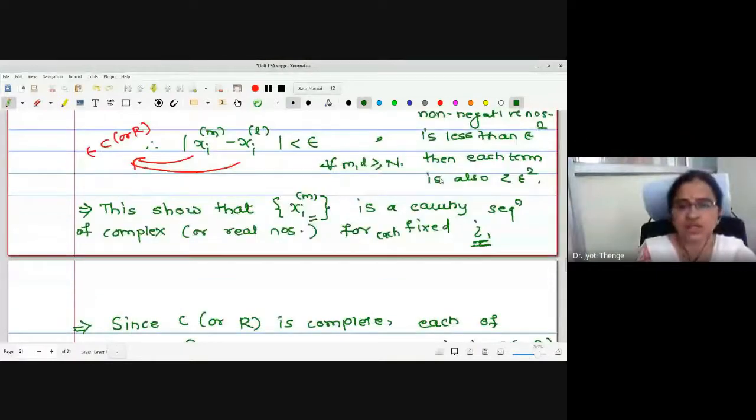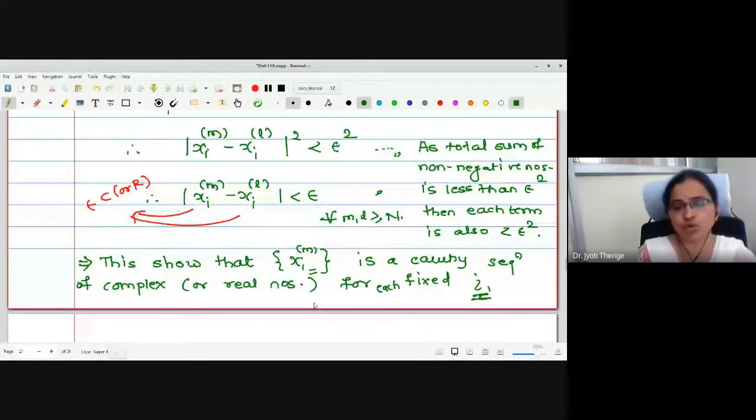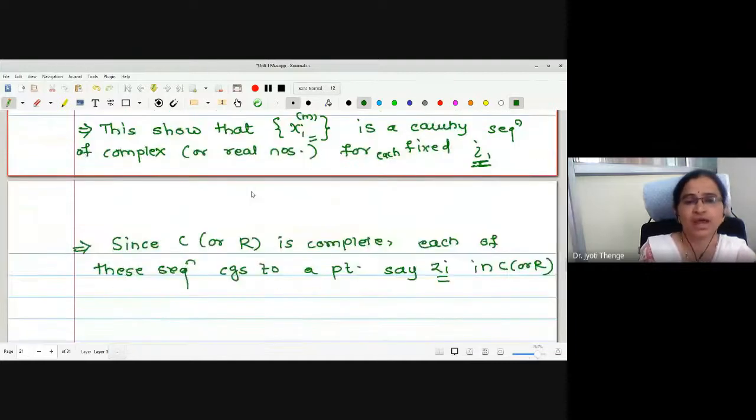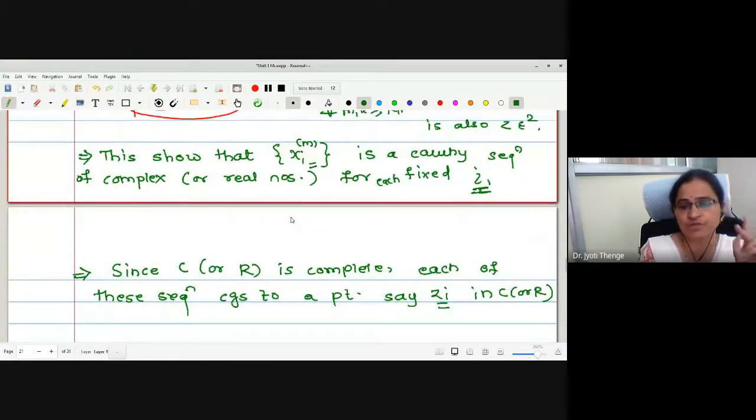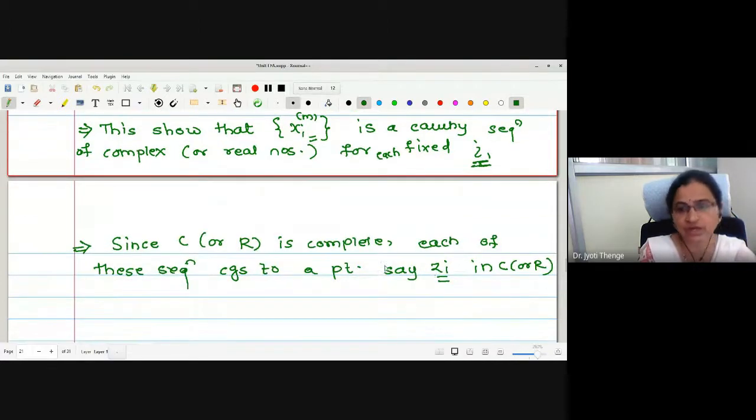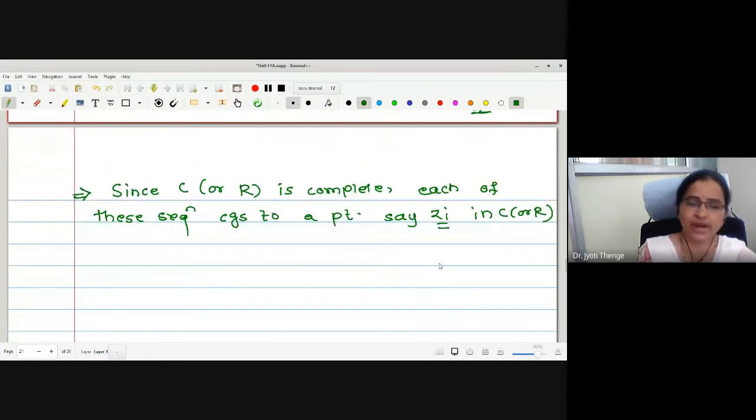That is, if I collect the first coordinates of xm, x1m, x2m, and so on, for fixed i, for i equal to 1, if I collect all the coordinates, it will generate one sequence. For i equal to 2, one sequence. The sequence of first coordinates converges to z1, the sequence of second coordinates converges to z2, and so on.